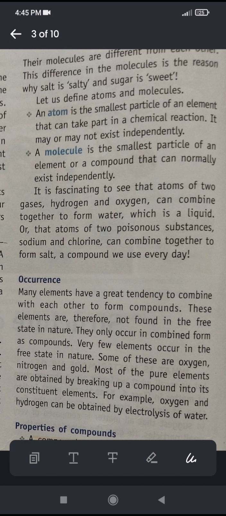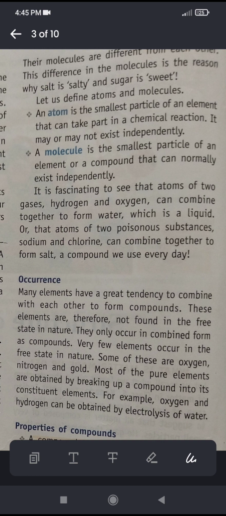What is the chemical formula of water? H2O. Hydrogen and oxygen both have a great property to join each other and form water. As I told you earlier, hydrogen and oxygen have a great property to join and form a compound.